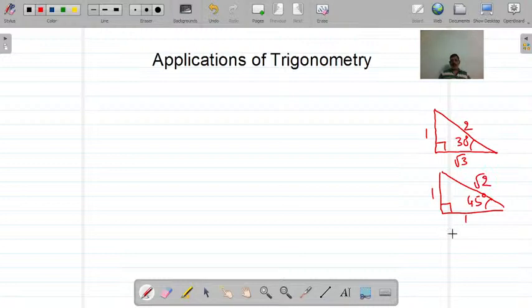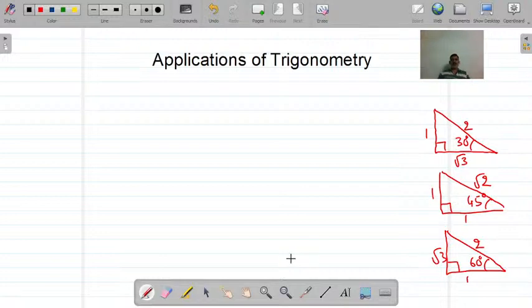And the third one is when the angle is 60 degree, then this becomes 2, 3. These three are the major things which we need. If we know this, you can solve all the problems related to these applications of trigonometry.